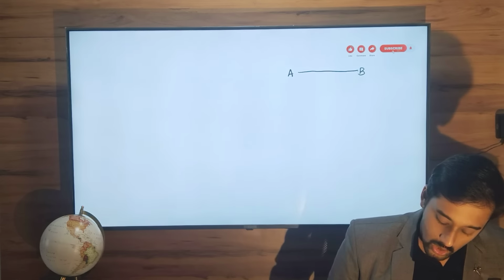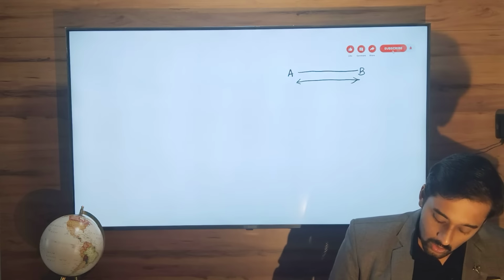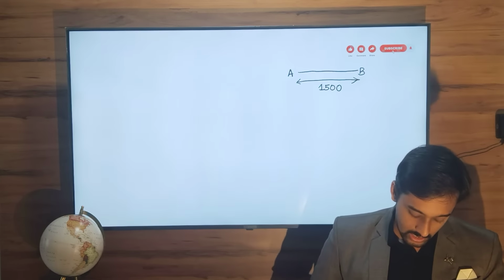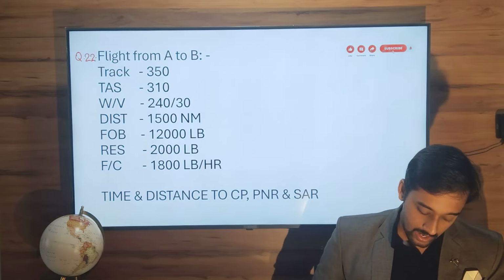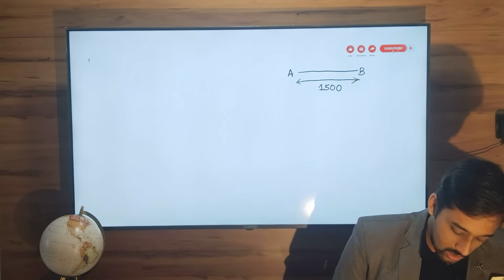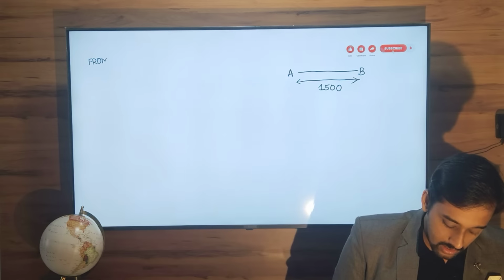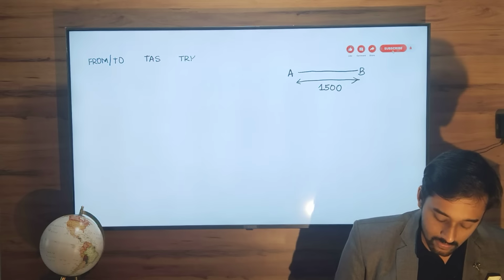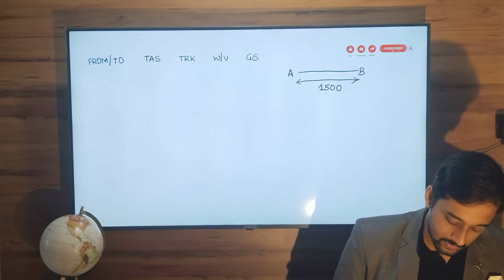As we all know, we are going from A to B, a total distance of 1500 nautical miles. Let's draw the table like we always do: from-to, true airspeed, track, wind velocity and ground speed.